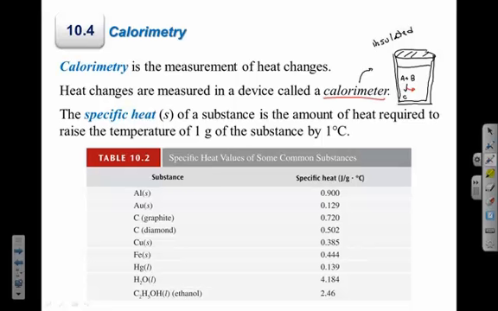And so if you set that up with a thermometer, you can use a change in temperature to determine how much energy was released between the system and the surroundings.